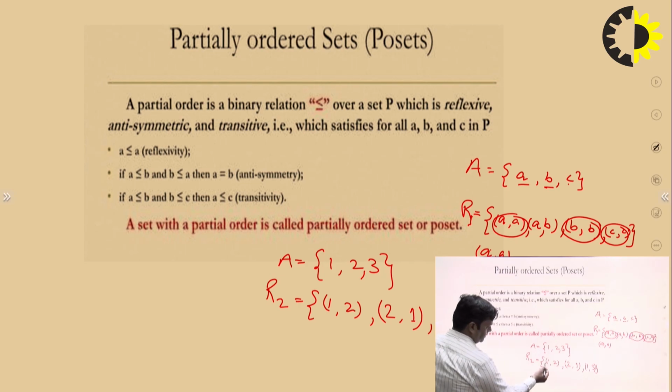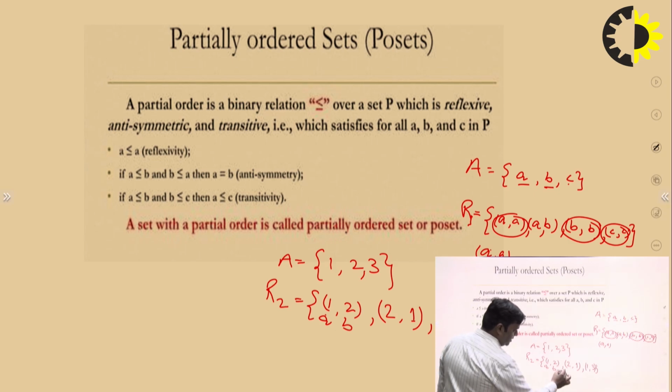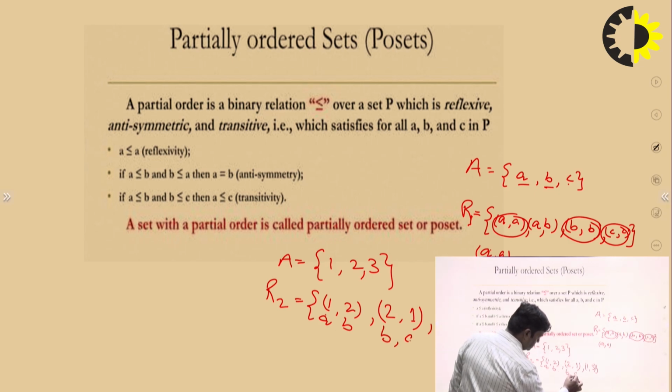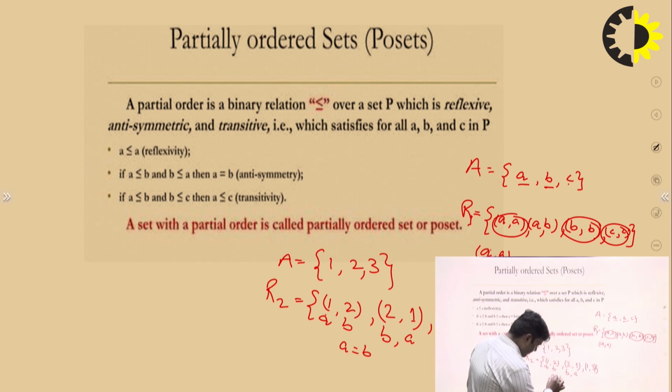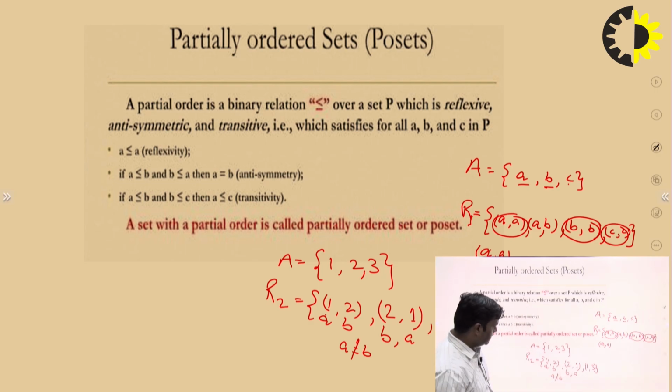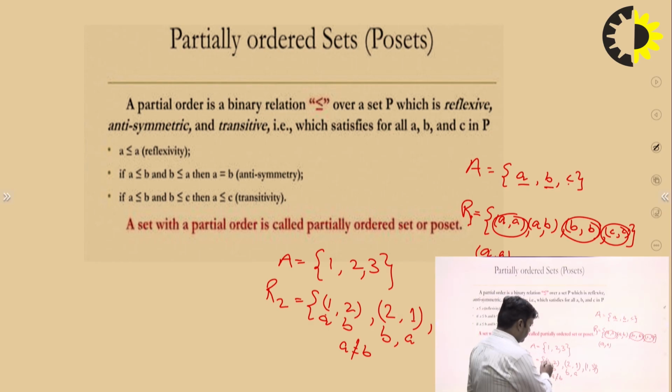Here (A, B) belongs and (B, A) belongs, but A is not equal to B. Here A is related to B and B is related to A, but the value of A is 1 and the value of B is 2, and they are not equal.